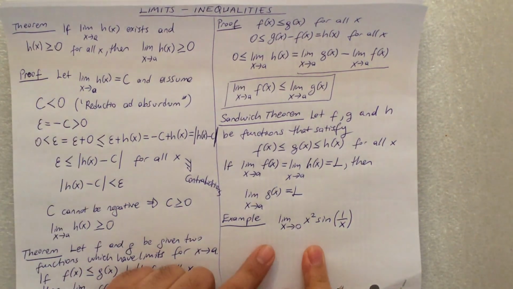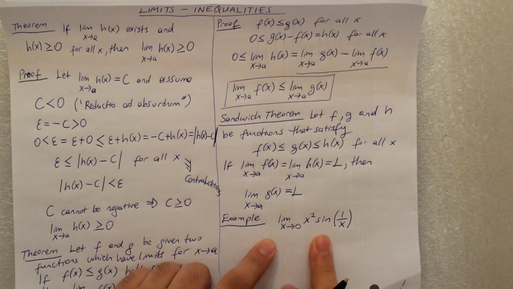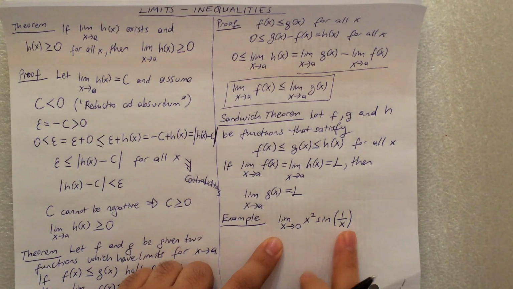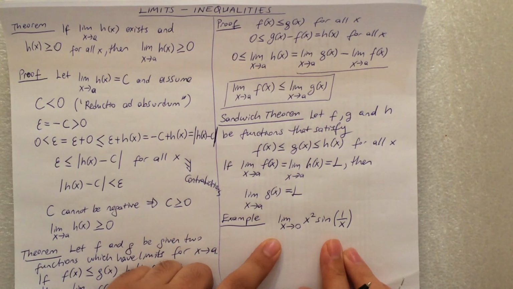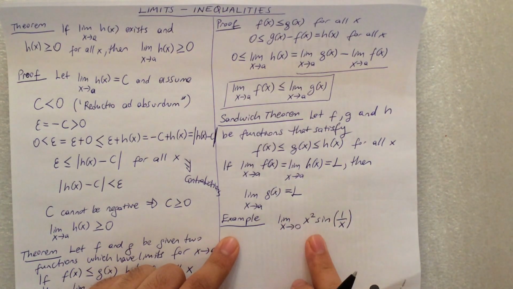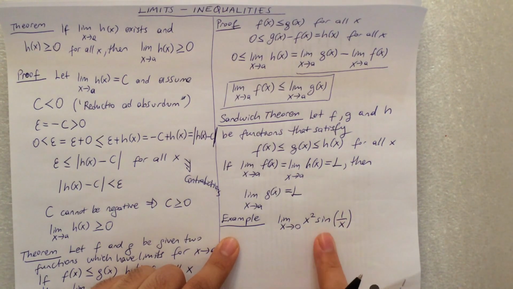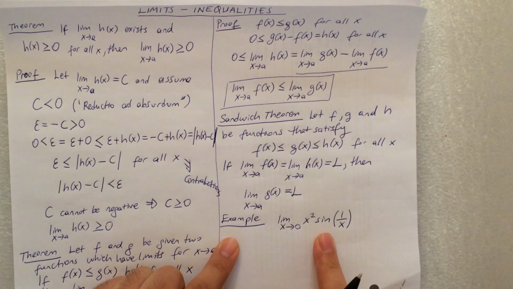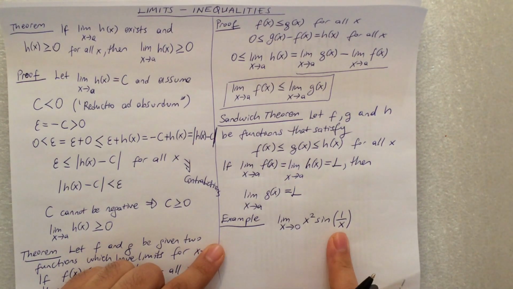In order to find the limit of something using the sandwich theorem, we need to write some inequalities. One thing that we know about this function is that the sine part is going to be between -1 and +1 no matter what the value of x is.